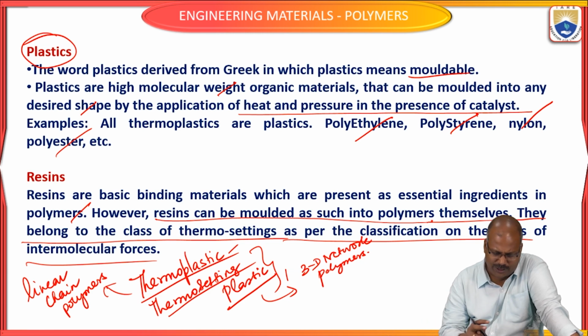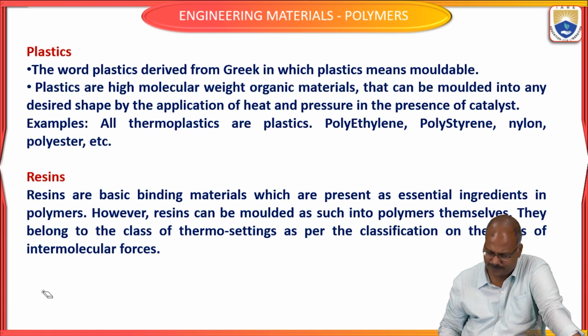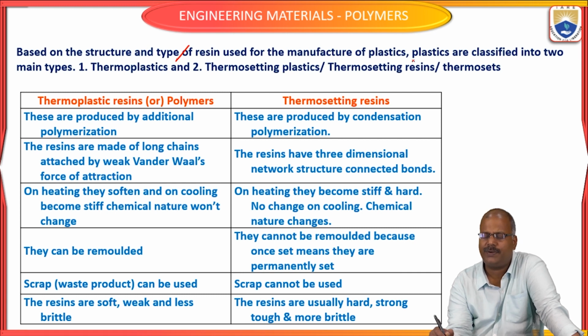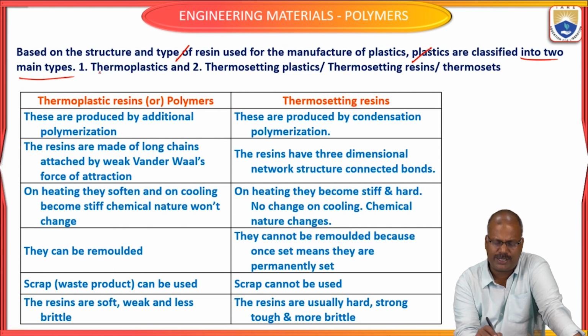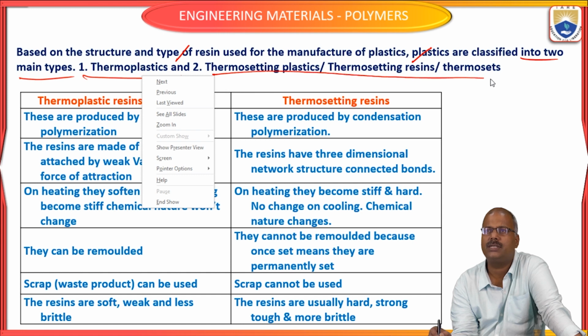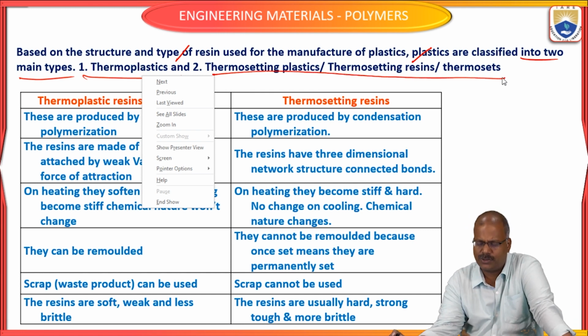We will see more about these two types of plastics. Based on the structure and type of resin used for the manufacture of plastics, they are classified into two main types. One is thermoplastics and second is thermosetting plastics, or thermosetting resins, or thermosets.